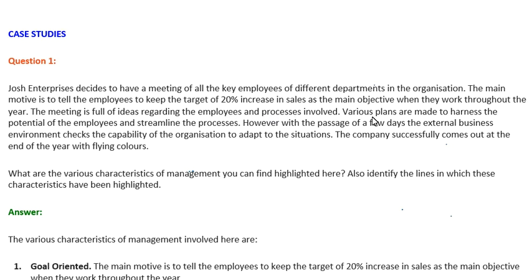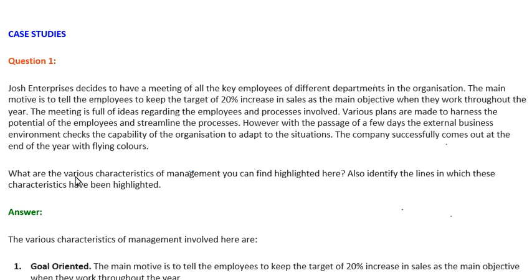Various plans are made to harness the potential of employees and streamline the processes. However, with the passage of a few days, the external business environment checks the capabilities of the organization to adapt to the situation. The company successfully comes out at the end of the year with flying colors.